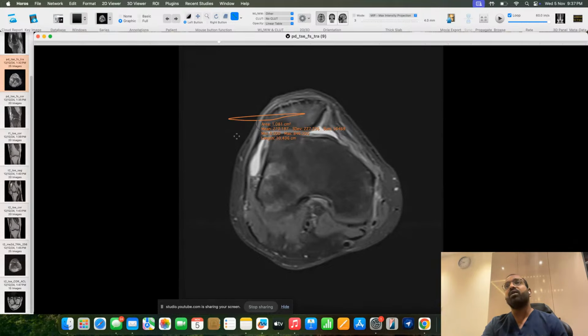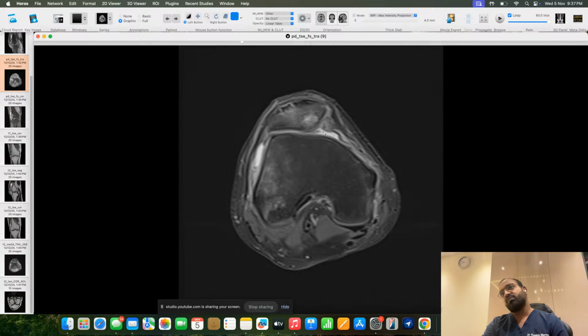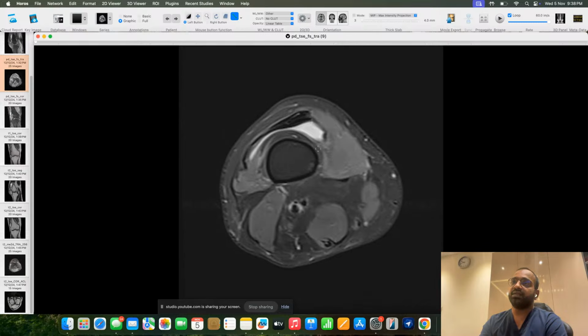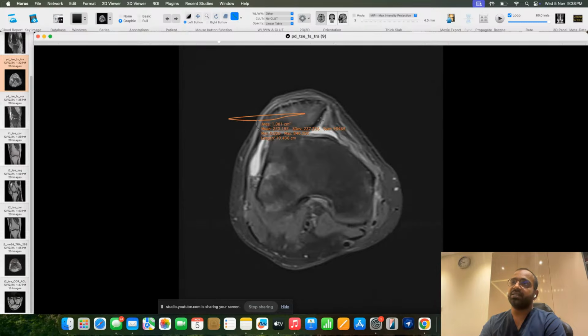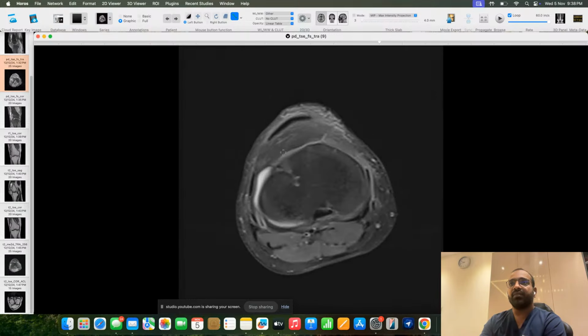There is an increased risk of dislocation here, because the medial stabilizing part of the joint, that is the medial patellofemoral ligament, got torn here. Because this medial stabilizer is not there, there's every chance that the patella can dislocate again.